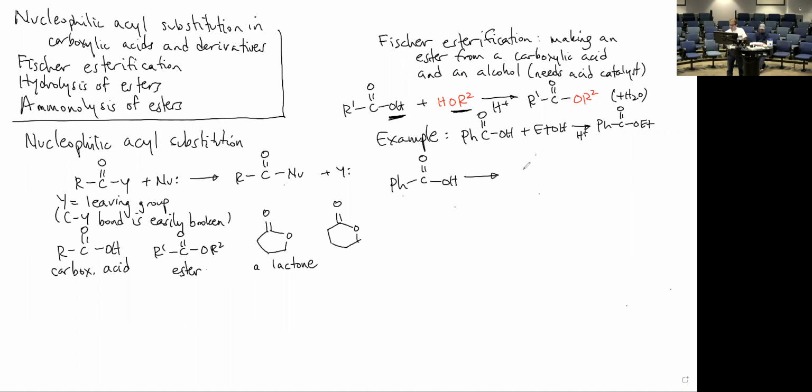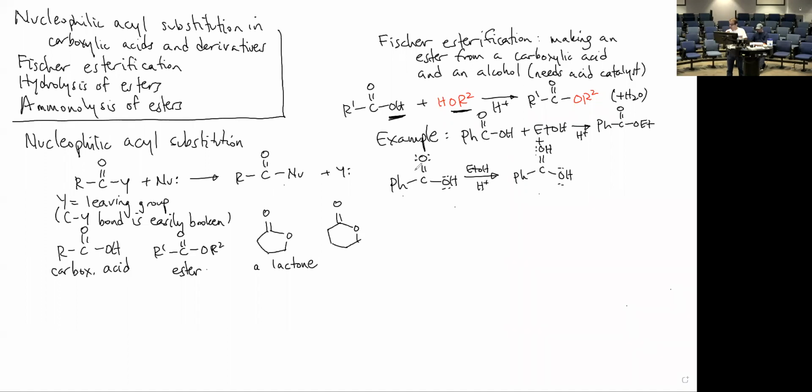In the first step, we're adding ethanol and we're adding an acid catalyst. The first step of the reaction involves protonation of that carboxylic acid carbonyl oxygen. And that's not too surprising, because we've said that in carbonyl compounds in general, this oxygen has a partial negative charge on it and tends to be protonated, at least when we're in an acidic solution.